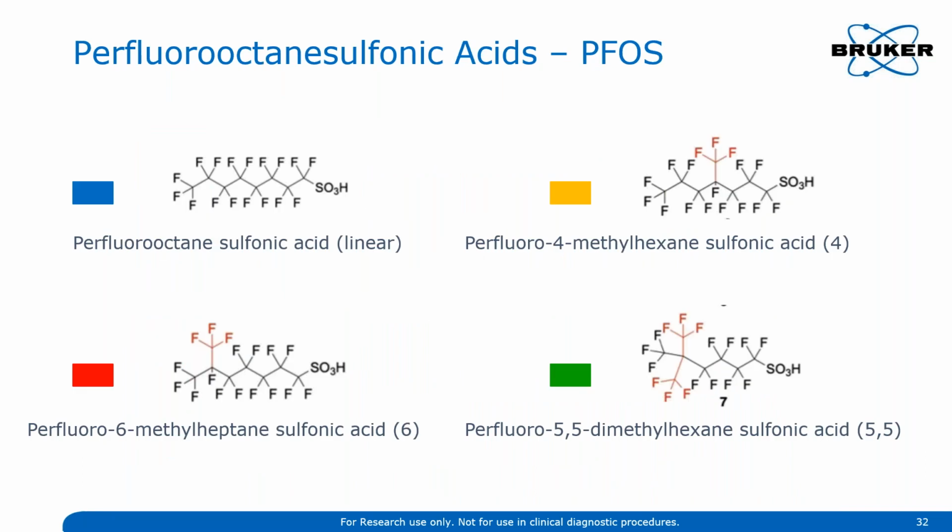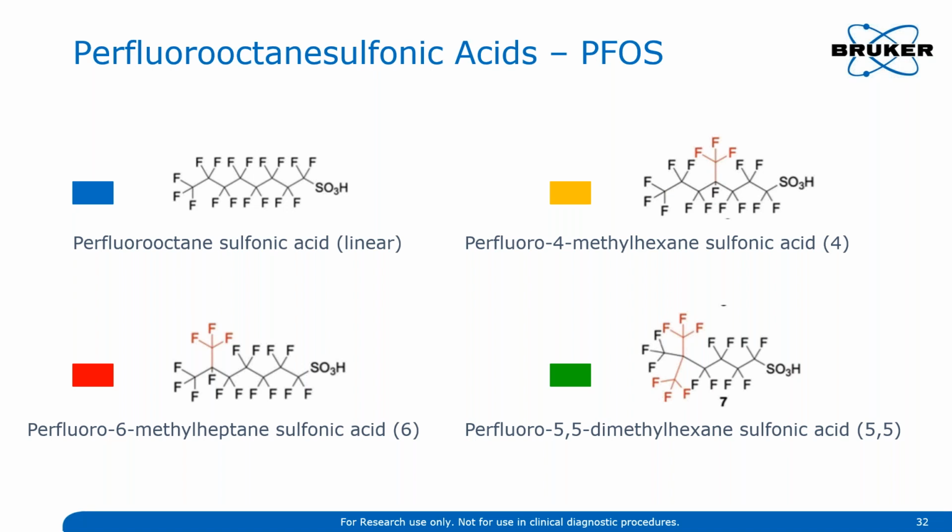Now let's review another example more relevant for water analysis. As you obviously know, PFOS is a persistent, bioaccumulative, and very toxic pollutant. Another thing that you may or may not know is that aside from the most common linear molecular structure, PFOS actually has several isomers shown here.